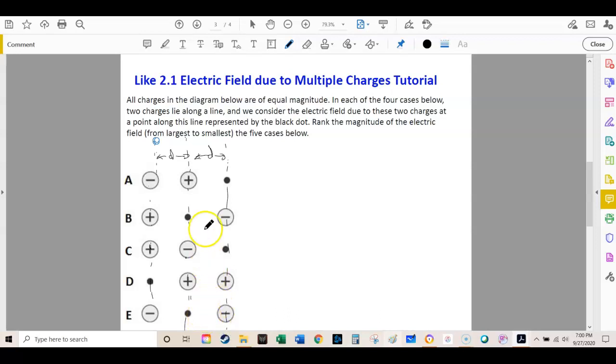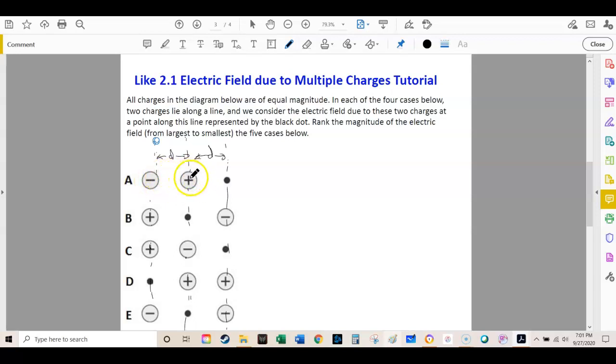Okay, and what we're going to do is draw the electric field at the dot due to the 2 charges. Oh no, I'm going to leave this the same. Usually you want to have multiples, right?